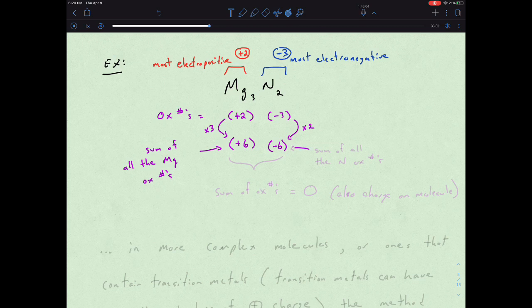So there's our sum of all the nitrogen oxidation numbers. And if we look at that again, our sum of the oxidation numbers is still equal to 0. So again, that charge is still balancing out.